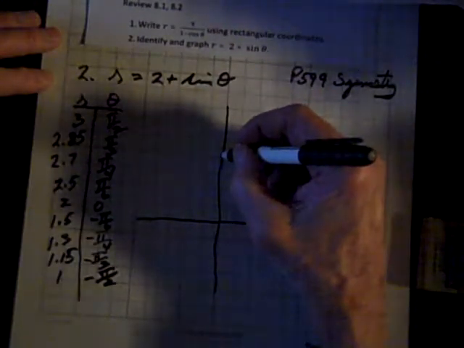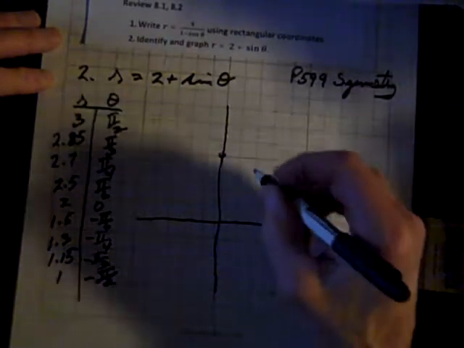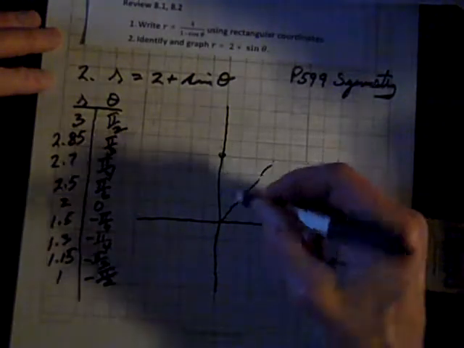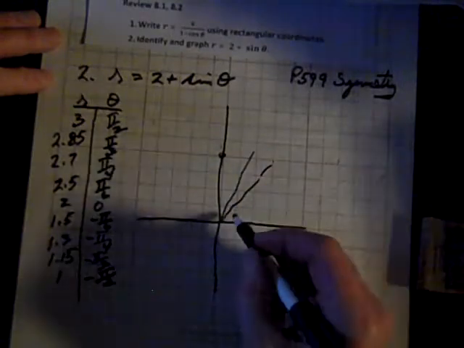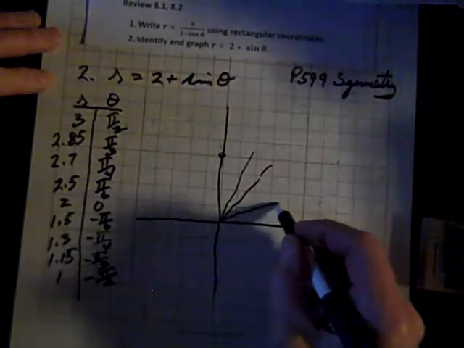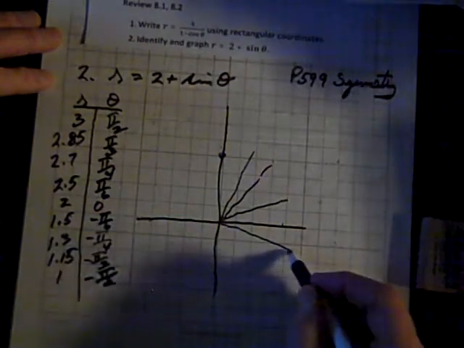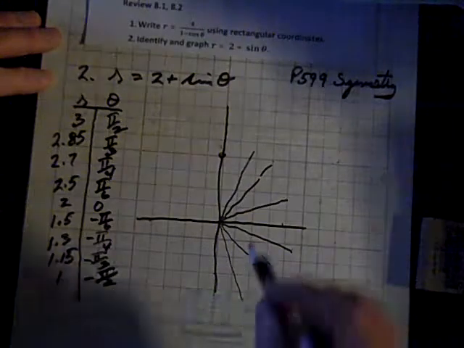At pi over 2, the angle's pi over 2, we're at 3. And let's look at these angles: pi over 2, pi over 3, pi over 4, pi over 6, 0, negative pi over 6, negative pi over 4, negative pi over 3.